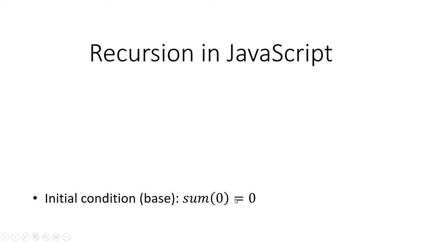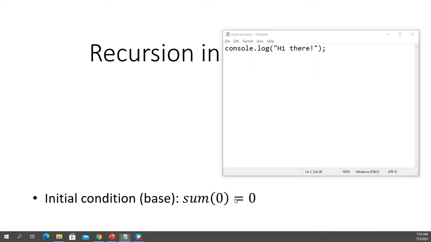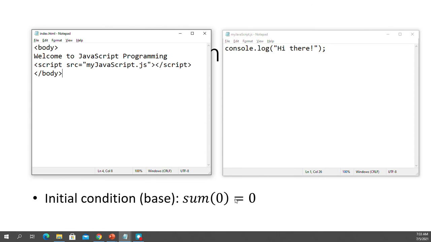Here I created some basic JavaScript program with 2 files. The first file, index.html, is basically just a web page for the browser to load, and inside this page I have a script pointing to my javascript.js, which is the other file on the right-hand side.